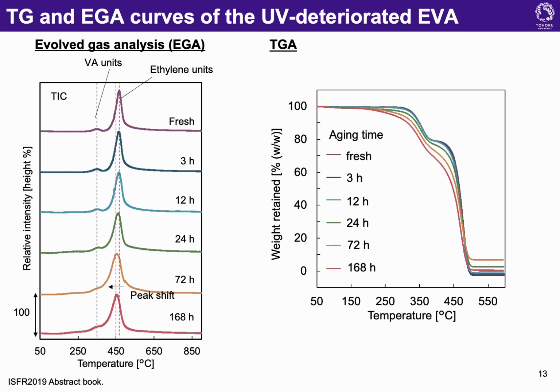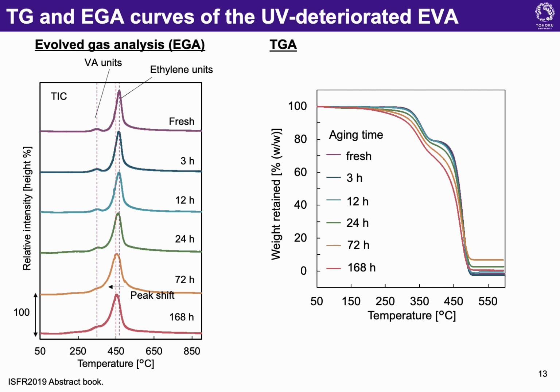Two-step gas emission at approximately 350 and 450 degrees Celsius was observed from the fresh EVA encapsulant, which corresponds to the pyrolysis of vinyl acetate and ethylene units respectively. For comparison, TG curves of the same samples are summarized in the right figure. The fresh sample also shows a clear two-step weight loss.